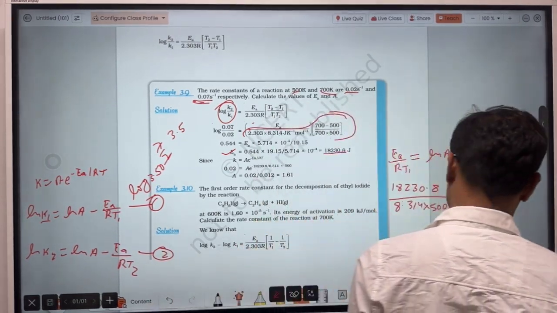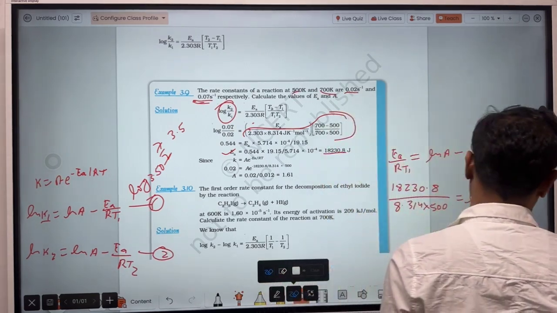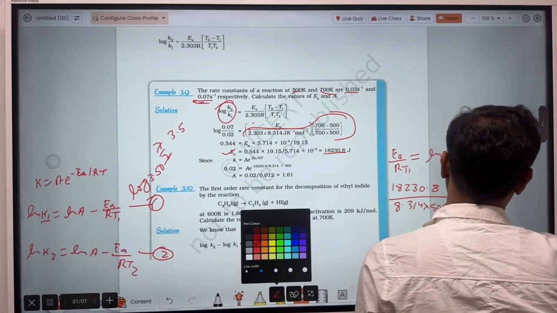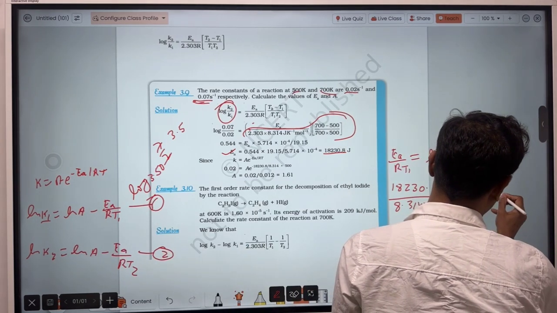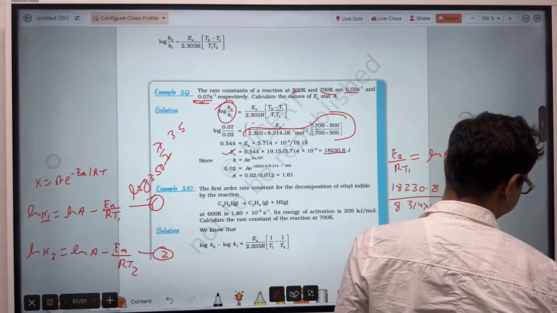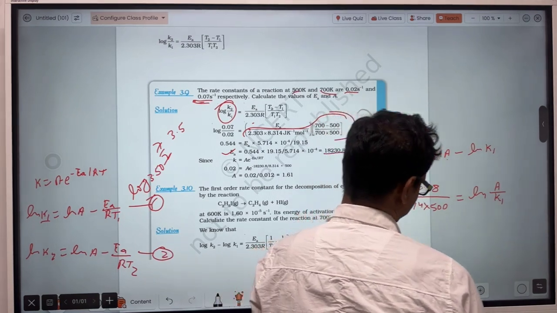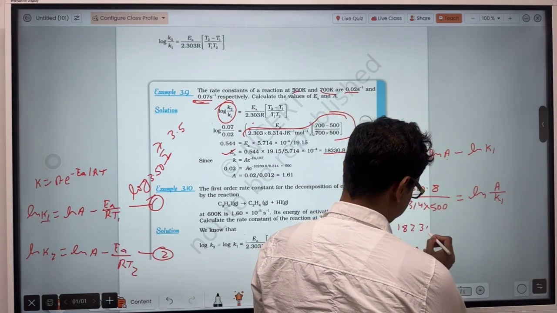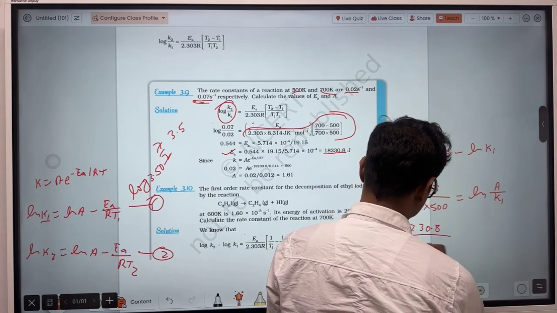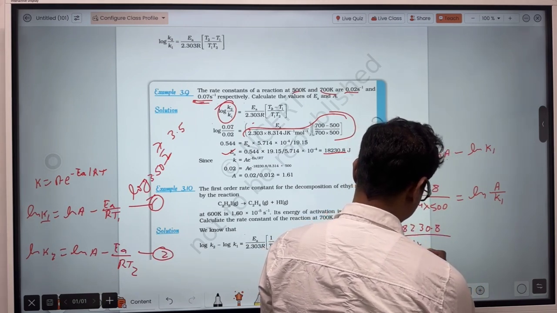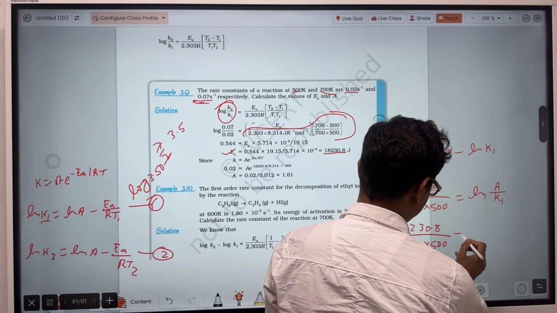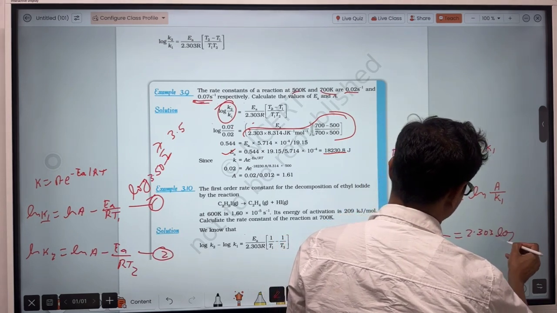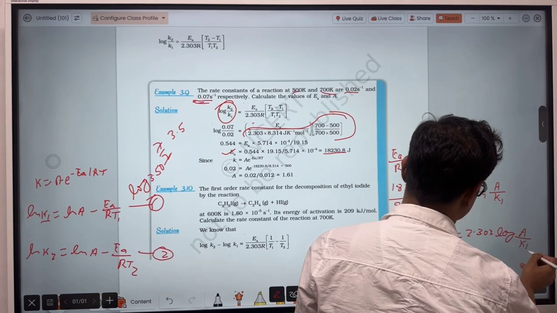So directly I am putting here: log A minus log K1 will be equal to log A upon K1. Now convert it to log to the base 10. So 18230.8 upon 8.314 into 500 will be equal to 2.303 log A upon K1.